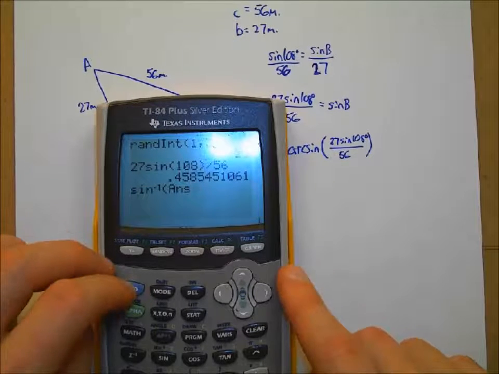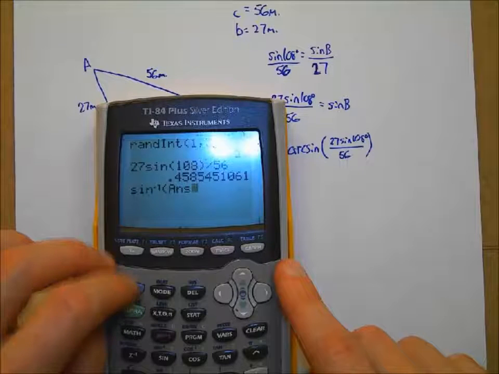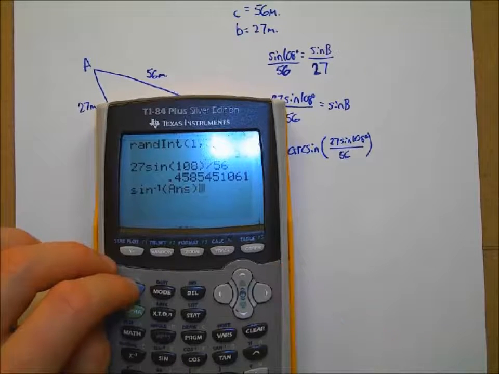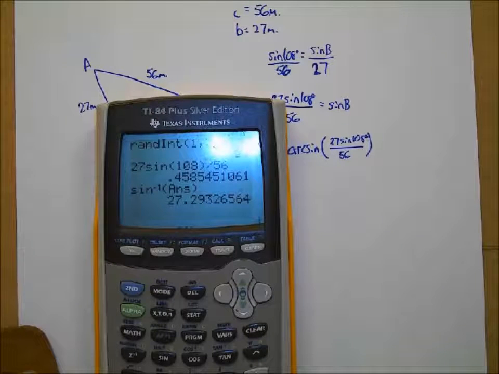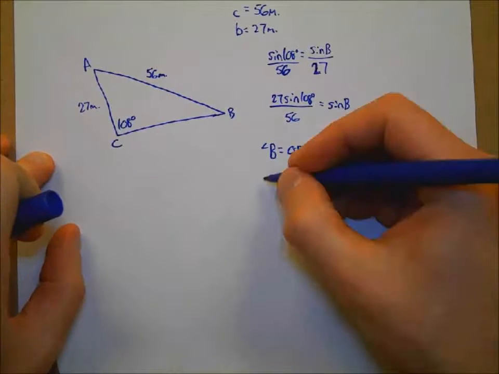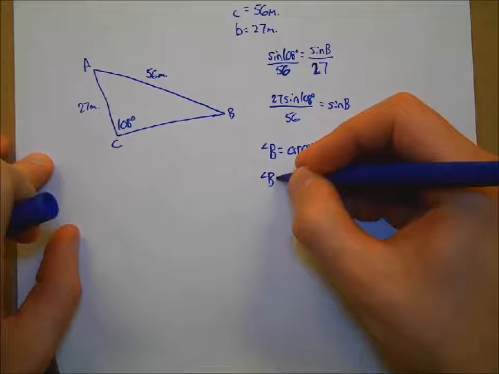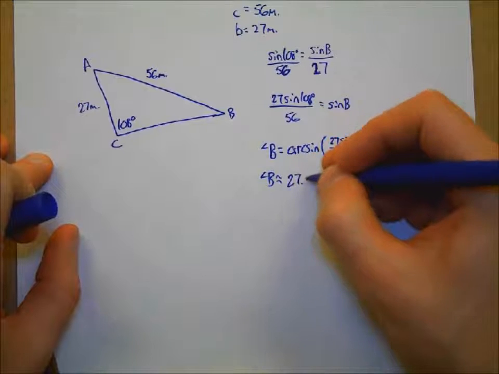So it's like the negative button, press second and then negative, you get the answer command. Right? And so we get 27.293. Okay. So angle B, we can say here is approximately 27.293.